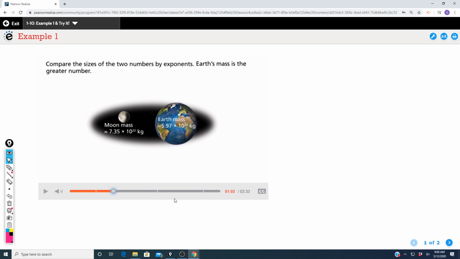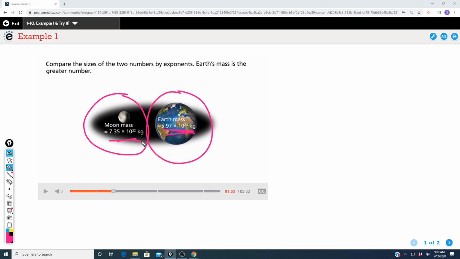But what we're going to talk about here, in the little bit of time we have, is finding differences in these. So if I wanted to compare the size of the Earth with the size of the Moon, we compare the two masses here. The Moon's mass is about 7.35 times 10 to the 22nd kilograms, and the Earth is 5.97 times 10 to the 24th.